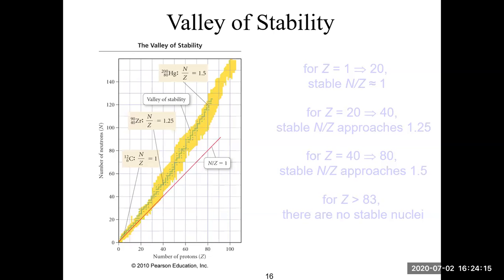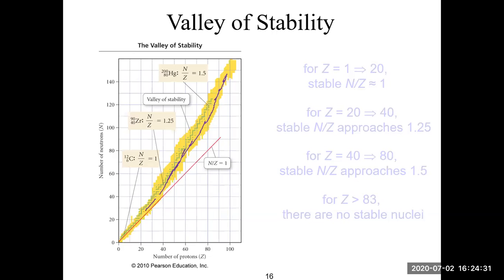Some books call it the belt of stability. Basically, this yellowish section here is pretty stable for most things. And again, that's what's referred to as the valley of stability or the belt of stability, whichever one you like.